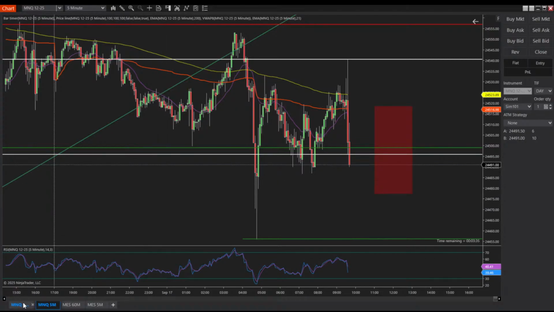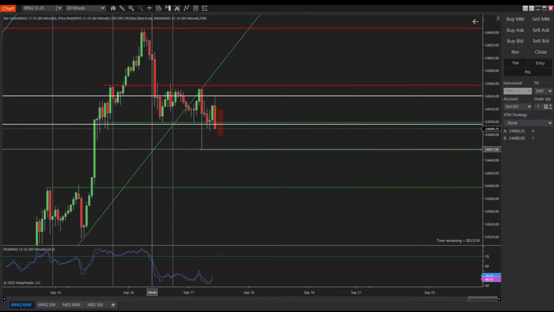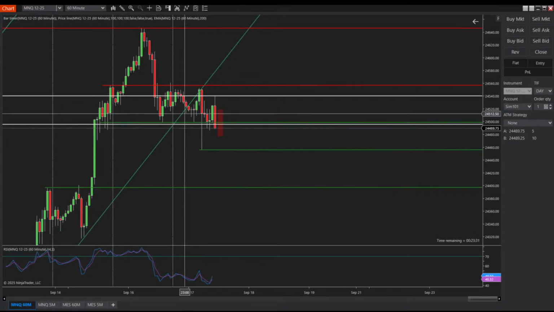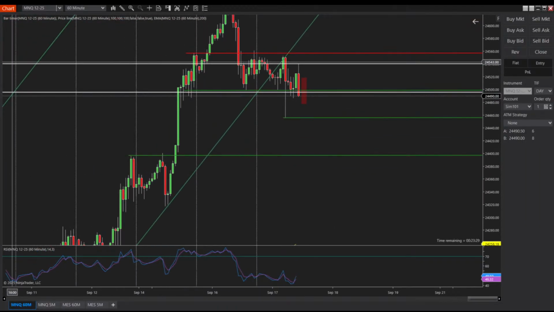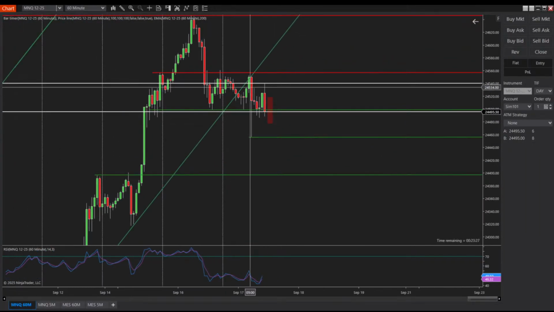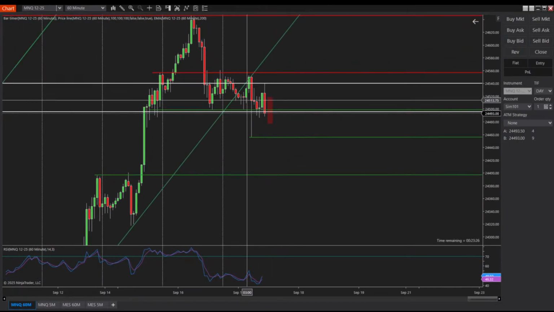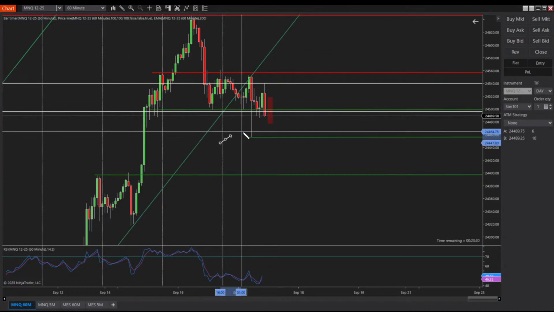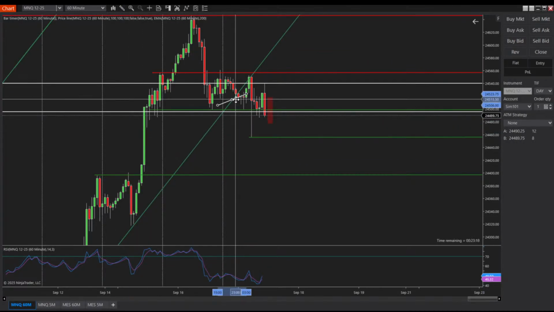So we saw that on the 60-minute. Like I said, we broke the low of the range of this trend, broke the support. It's a bearish action to break that support, but we saw that there was strong buying pressure here because it's a long wick candle.